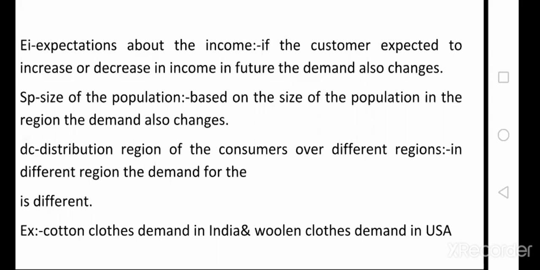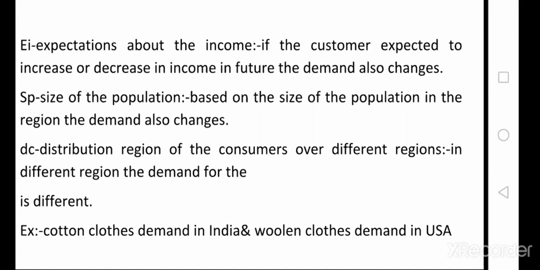For example, if the customer expects that next month his income increases by the giving of bonuses or incentives to employees, and he has the information that next month he gets more income or his salary increases, then at present he uses his money completely without any savings, because in the future he will have excess money to save next month.